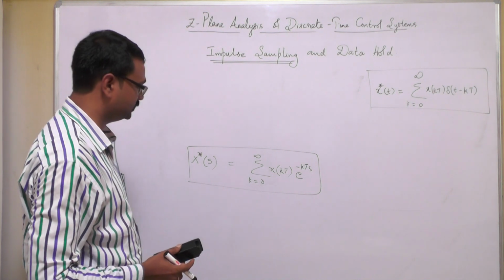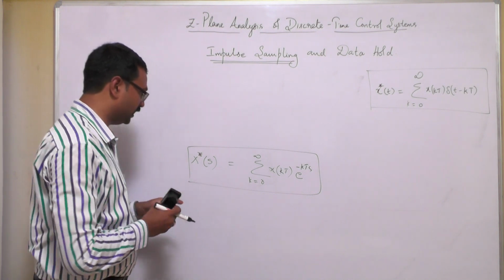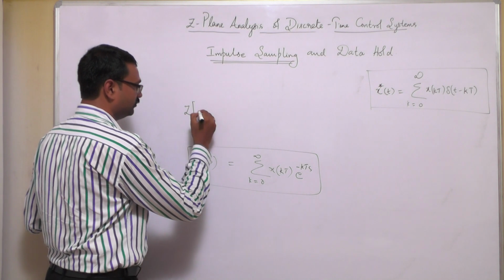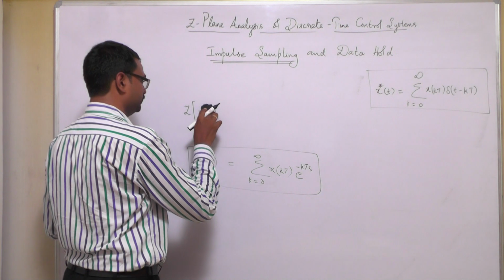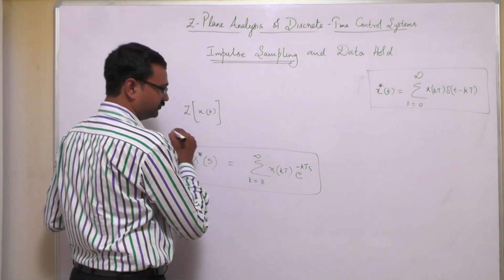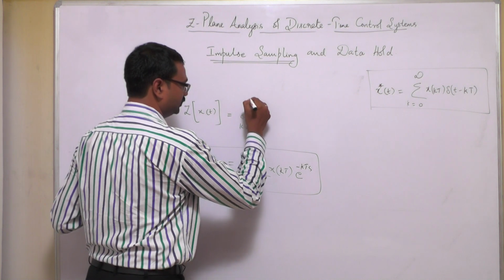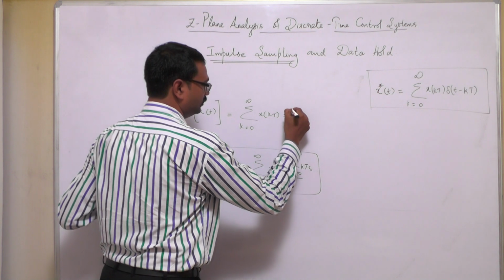When you have these two signals, now when you try to visualize, by the definition of the z transform of x star of t, or x of kt or x of t, you have sigma k is 0 to infinity x of kt z power minus k.